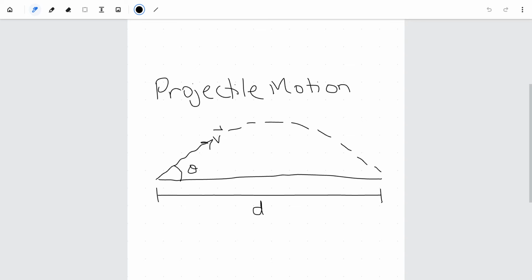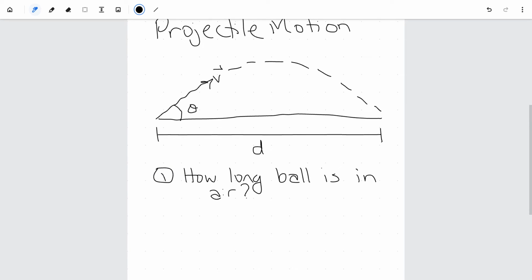Now, the first thing we need to do is figure out how long the ball is in the air. In order to do this, we can see how long it will take the ball to fall from its maximum height.